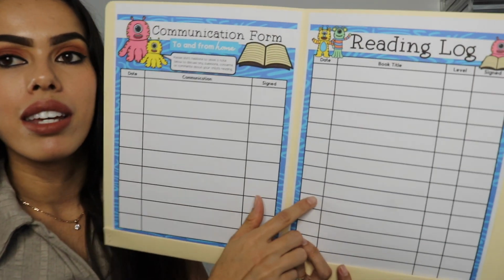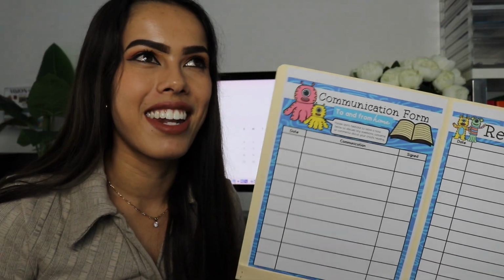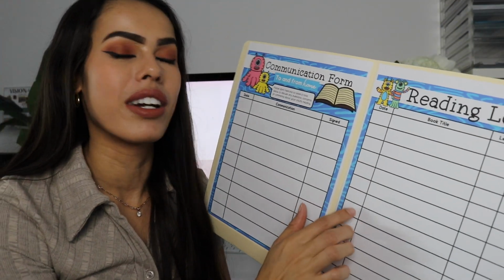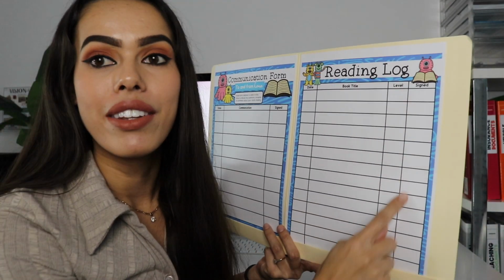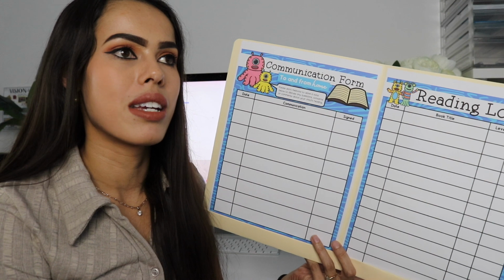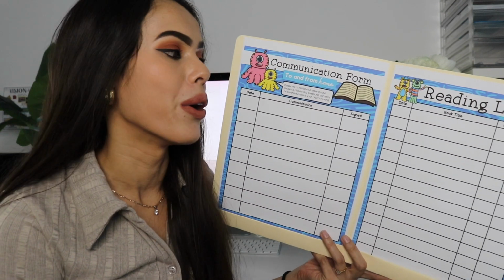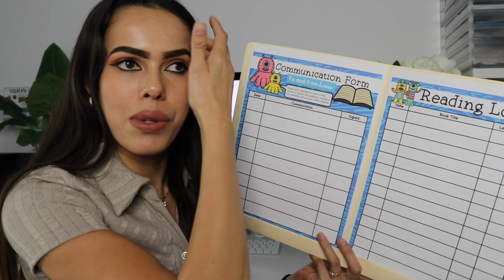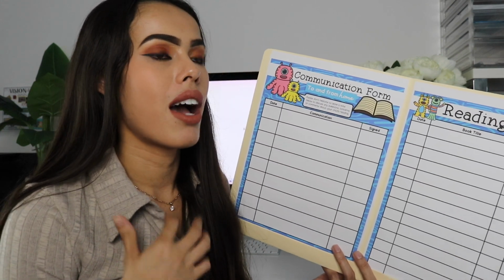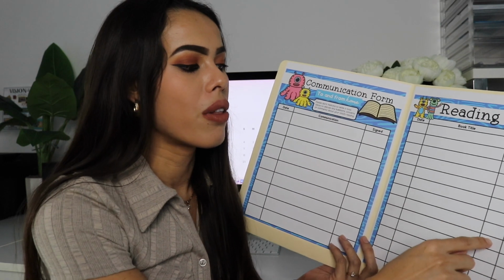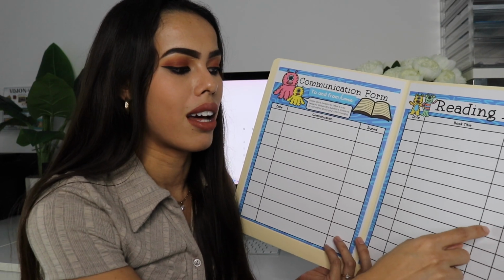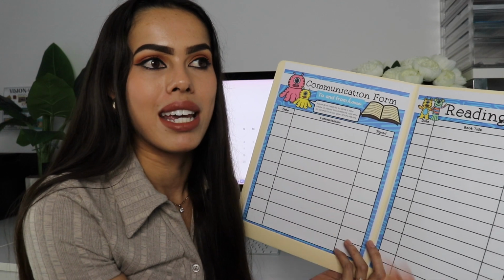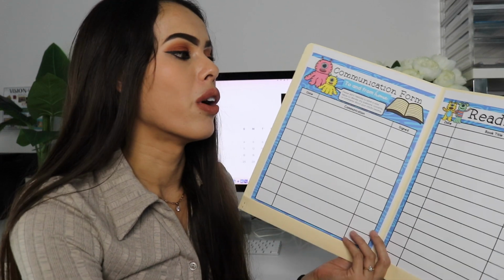And what I really love about this is, when I was first starting teaching and downloading some free reading logs, they didn't have the level in there, and I found that harder, so I ended up creating my own. Having the level in there was helpful because if I had a busy day and my teacher aide was changing the home readers, she would be able to see, oh, he's been on level 16, that's the level he's up to.